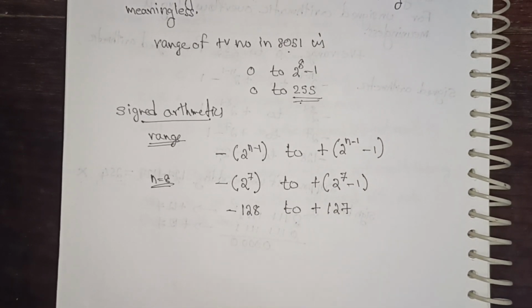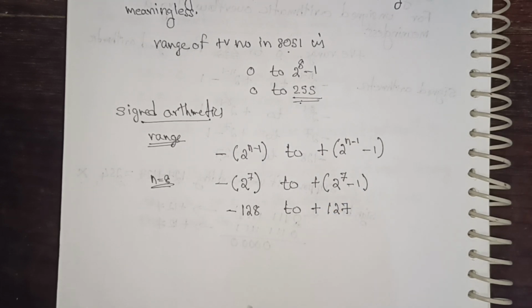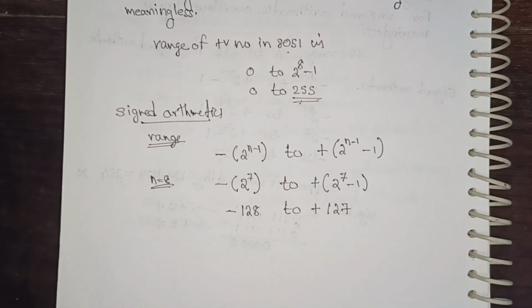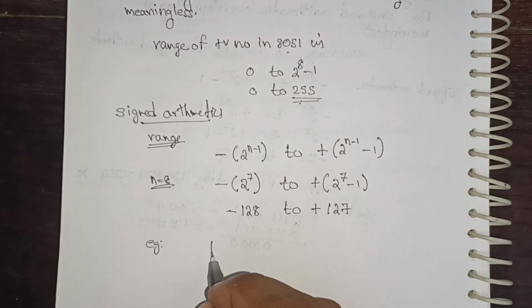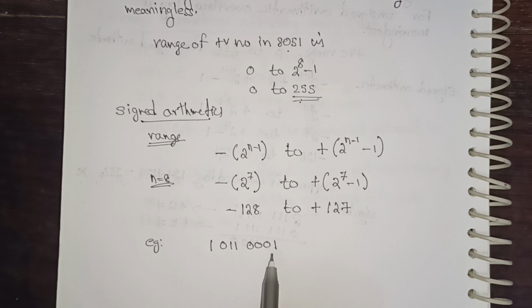Another thing is that in signed arithmetic, the leftmost bit, that is the MSB, is actually the sign bit. It is not used to define the magnitude, but it is used to define the sign. For example, consider this number in signed arithmetic.